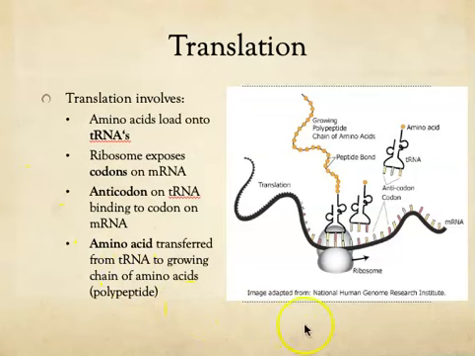In the drawing on the right-hand side of the slide, you can see this process. The black strand represents the mRNA molecule, and the little colored teeth that are extending from it represent individual bases. The gray molecule represents the ribosome, both the small subunit and the large subunit.